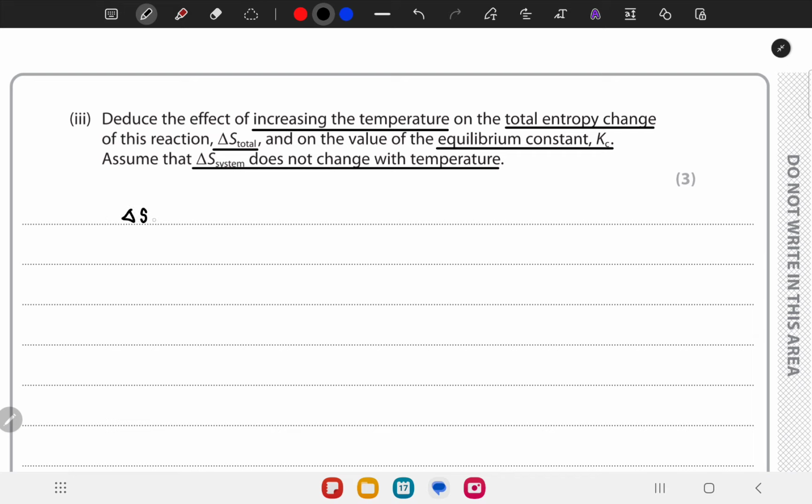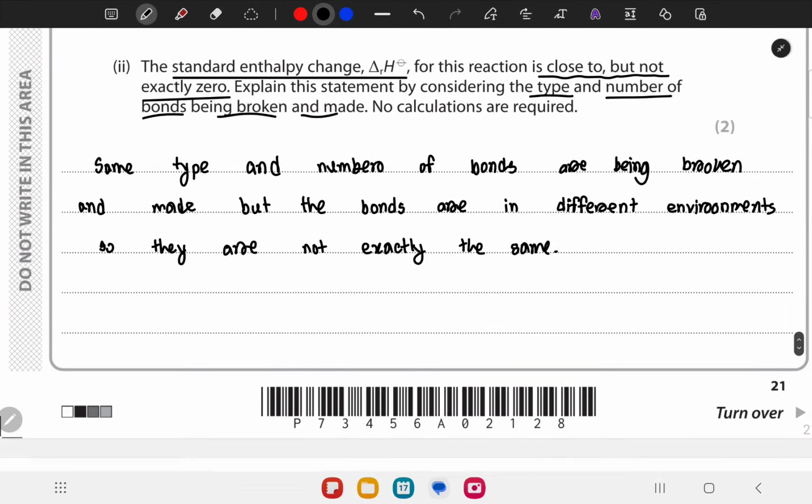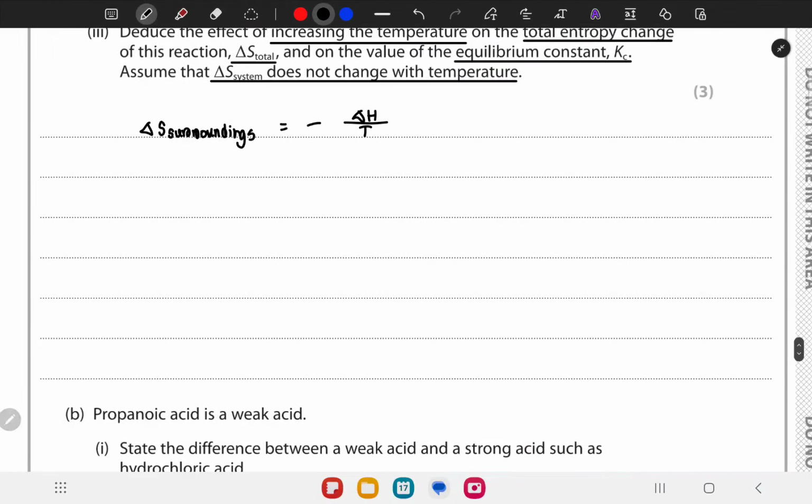We know that del S surrounding is equal to minus del H by T. We are also told that del H for this reaction is close to 0. Since del H is close to 0, del S surrounding and in turn del S total will not change by a lot.